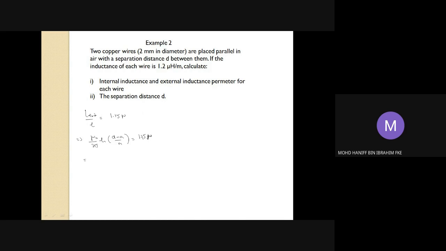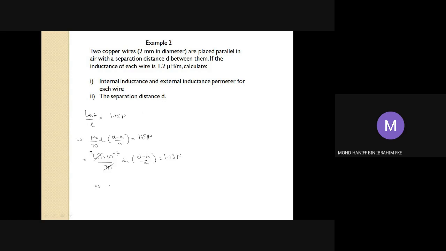That is 4 pi times 10 to the negative 7 over 2 pi, ln of (D minus A) over A, equals 1.15 micro. The 2 can be cancelled out, and then we have 0.2 micro, I believe.